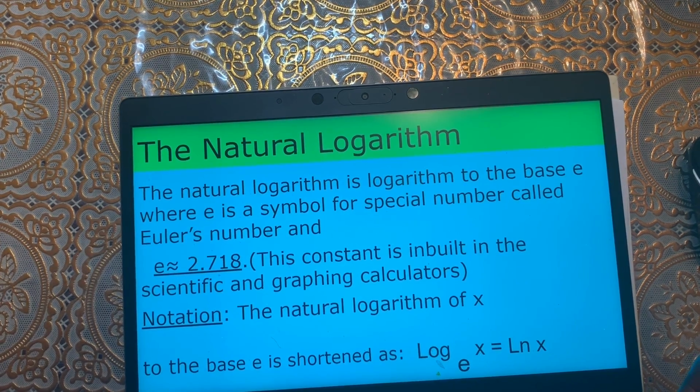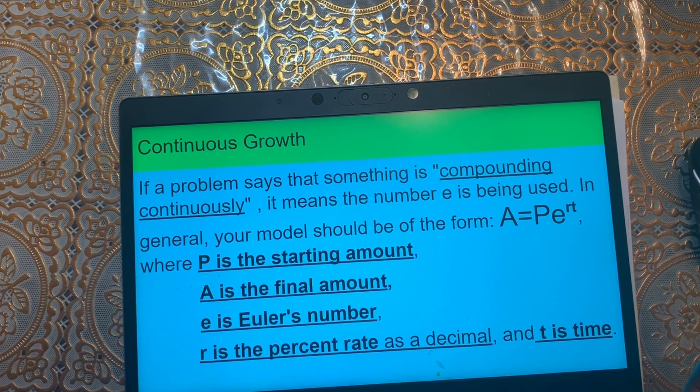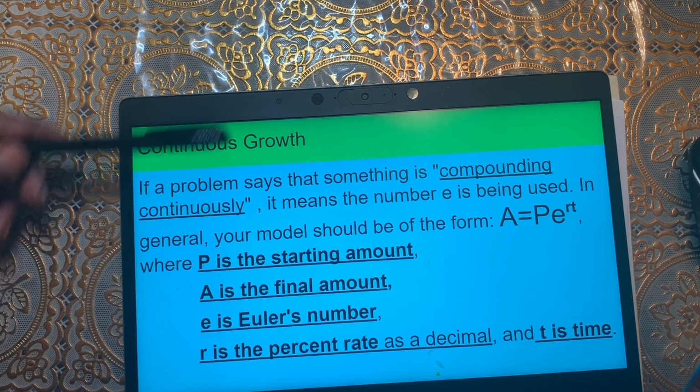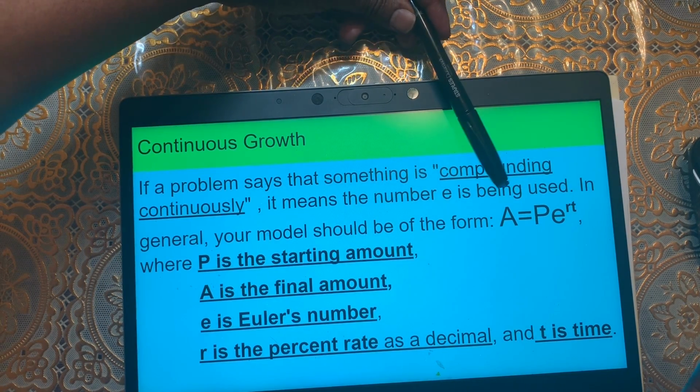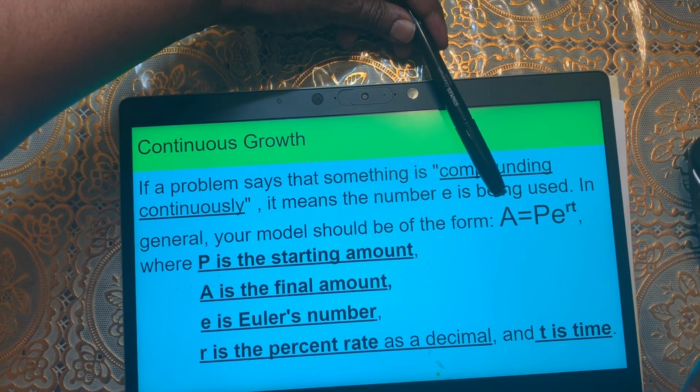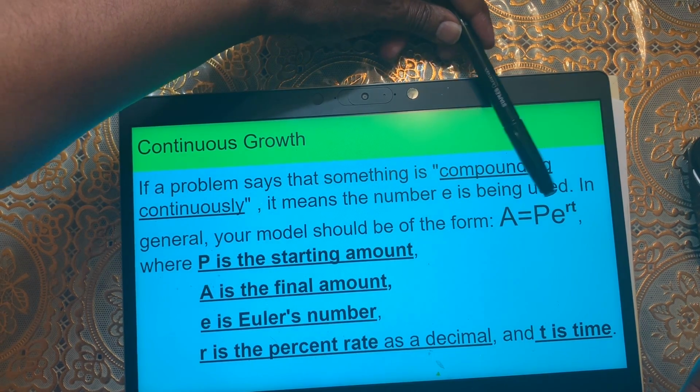So where do we use this number? This is when something is compounded continuously. The number e is used. So the formula changes for continuously compounded increase: A equals P e to the power of rt.